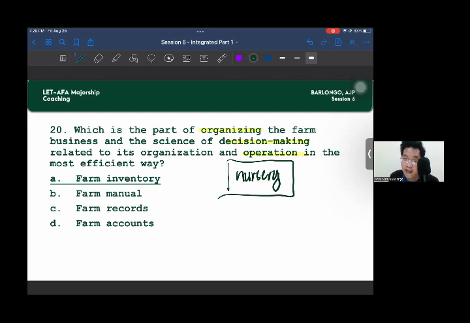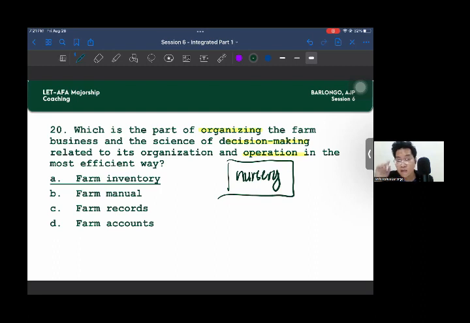For example, ilang basil plants ang nasa vegetative stage. Ilang basil plants ang nasa reproductive stage. Ayan, ilang basil plants ang ready na for harvesting. Mga ganun. So you are taking note of that. So in that way, you are organizing the farm business.